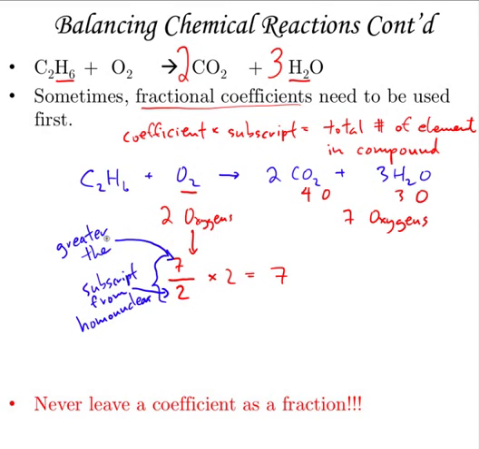So once again, when you have an even-odd pair, use fractional coefficients. And so the fractional coefficient I'm going to use is 7 over 2.